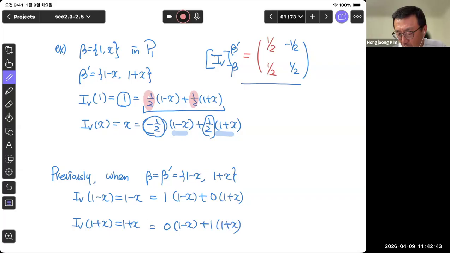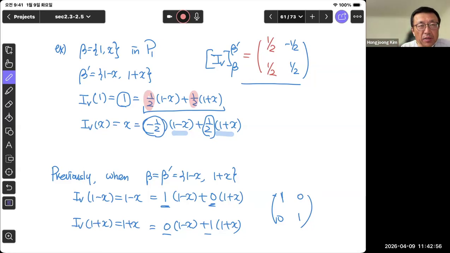So 1, 0 go to the first column of the matrix, and 0, 1 go to the next column.